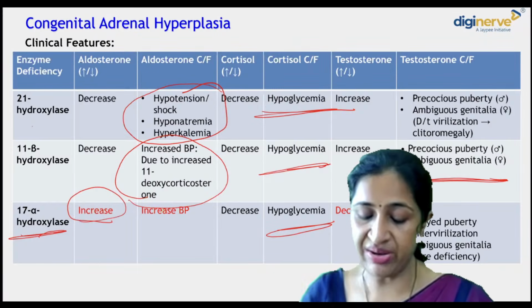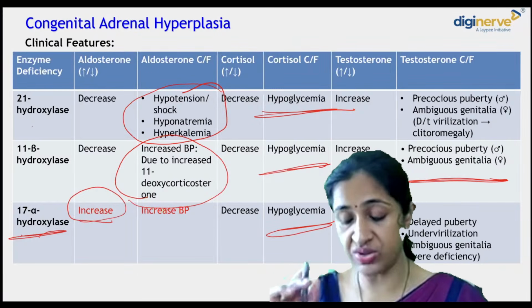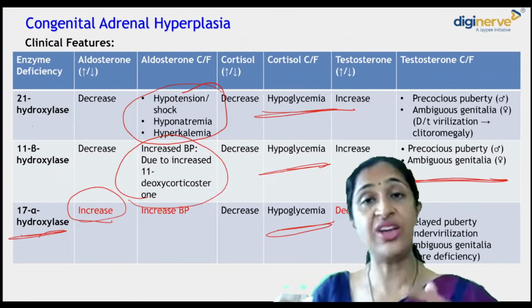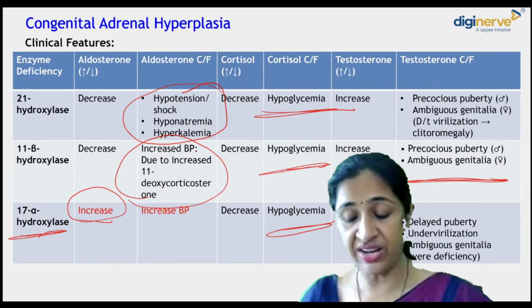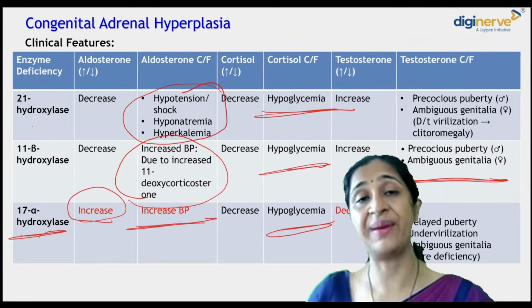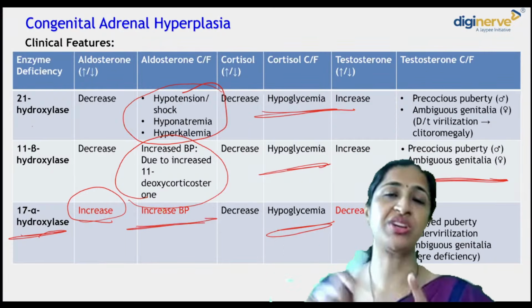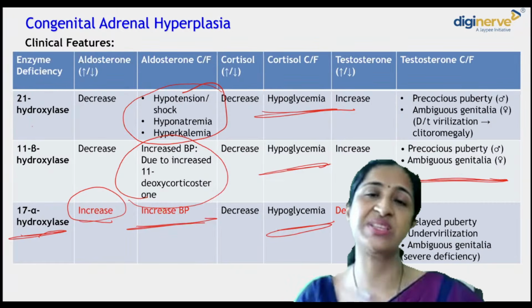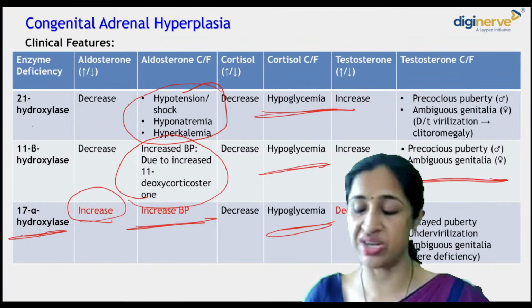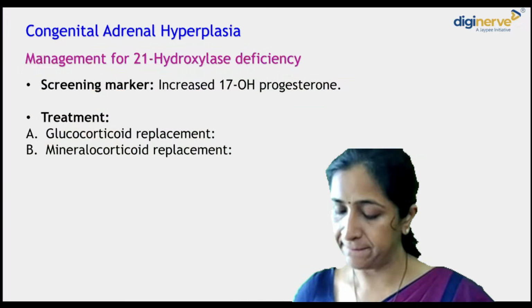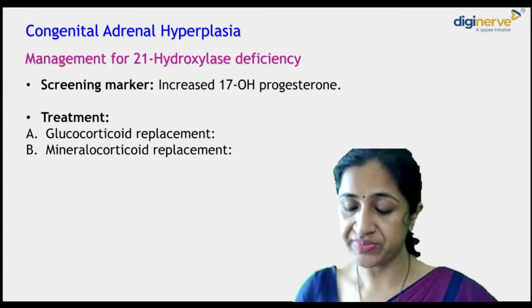In 11 beta hydroxylase, I'm sorry, it's 11 deoxycortisone which is increased. Aldosterone is increased in 17 alpha hydroxylase. Here again, BP is increased. Hypotension, hypertension, all of it will decide which side your diagnosis goes. All will have precocious puberty and virilized genitalia, okay? And all will have hypoglycemia.